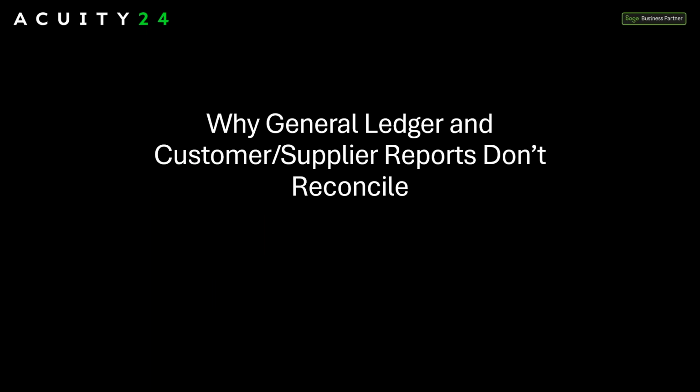So the imbalance is usually caused by historical invoices, as I've mentioned, that are reversed or deleted, removed from the subledger but not from the general ledger. Manual journal entries are also posted directly to AR or AP control accounts, so this doesn't update the general ledger, it only updates the subledgers.